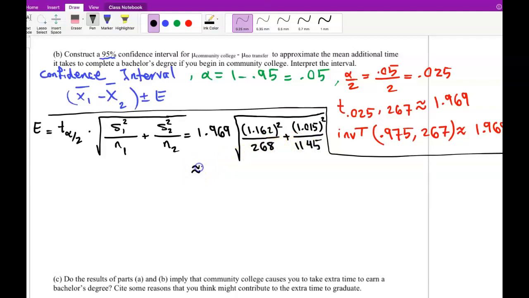Okay, so running it, the answer is 0.1517.